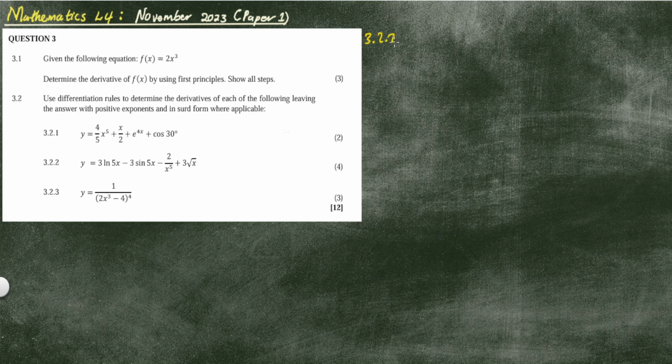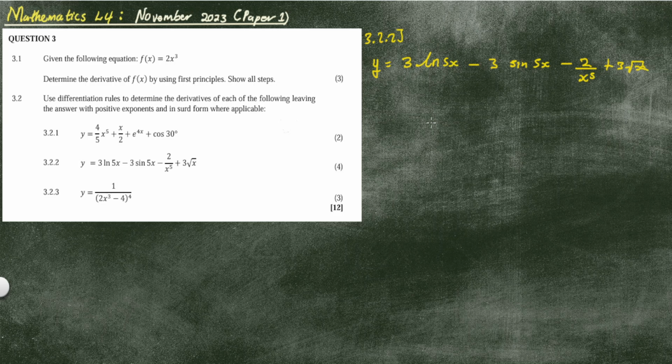Question 3.2.2. This is the given function: 3 ln of 5x, minus 3 sine of 5x, minus 2 over x raised to exponent 5, plus 3 raised to exponent x.